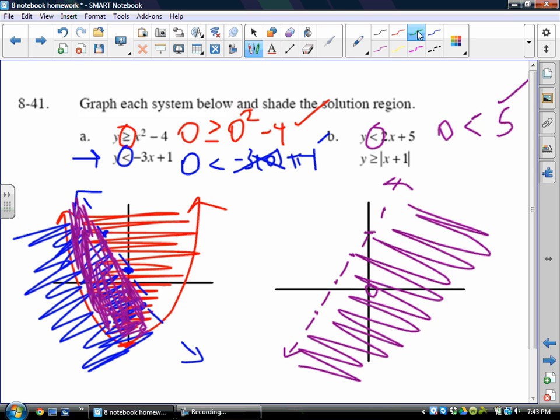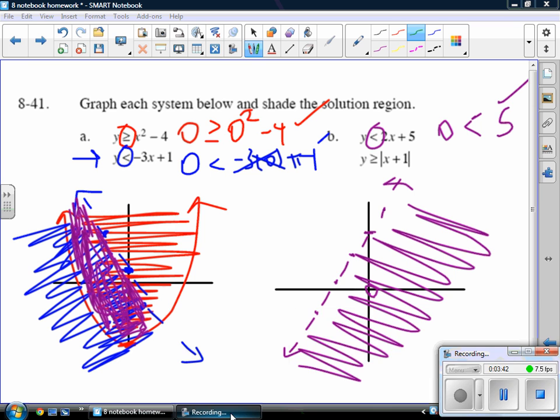Alright, next one is an absolute value. Okay, so what this is going to do is my graph has been moved to the left. Okay, so pretend it's like x minus h with the absolute value there, right? So my h value would be negative 1, so it's shifted to the left 1. So here's where I'm going to start, and then it goes up from there. And am I going to have a solid or dashed line?